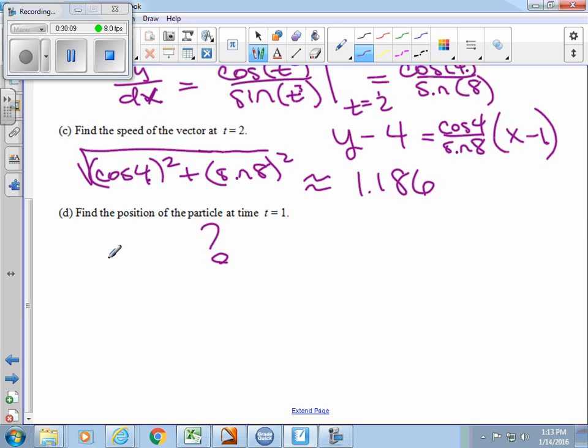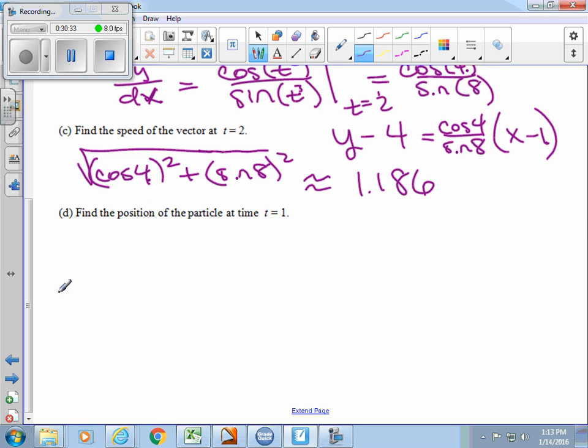Position of the particle at time 1. How in the world do I do that? Why am I going to integrate? Because I have x prime of t and I have y prime of t. If I want x and y, I need to integrate.